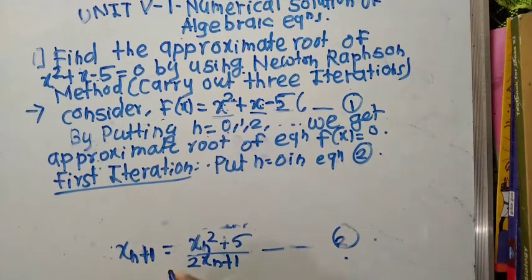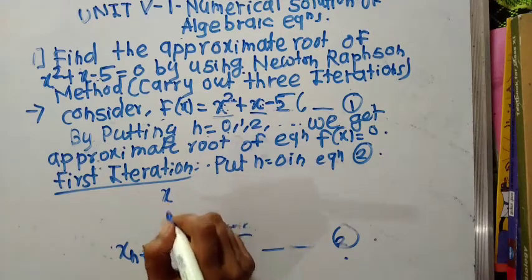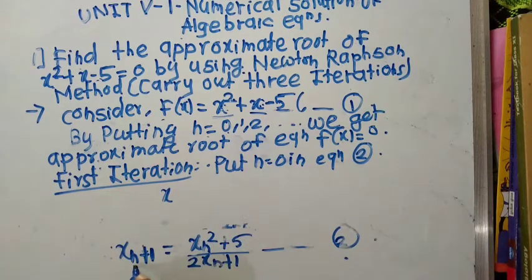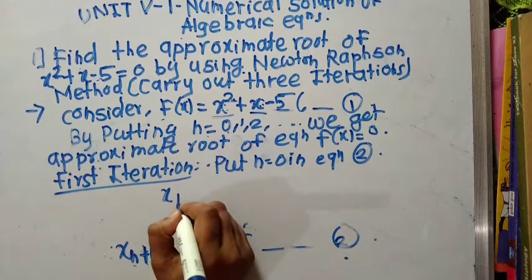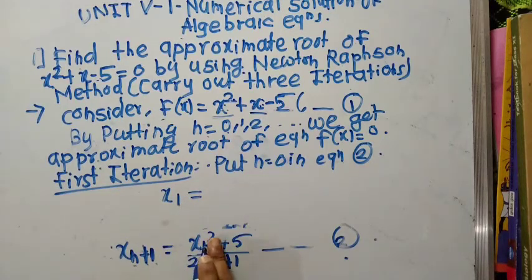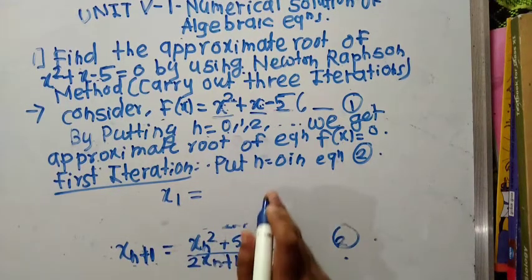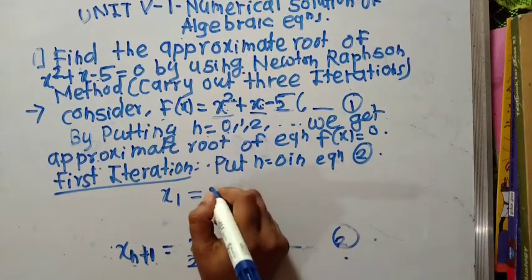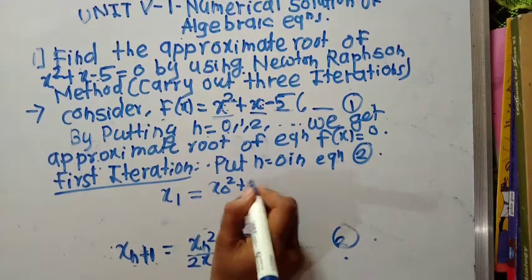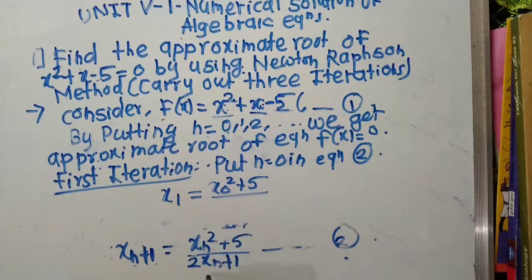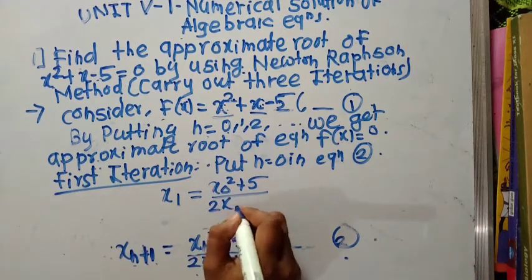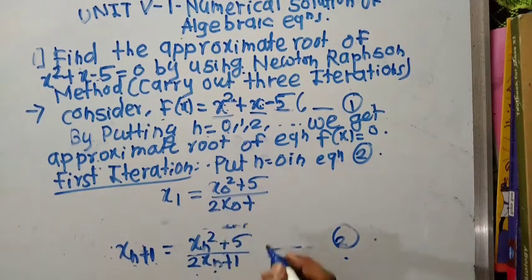So xn plus 1 means n is 0, so 0 plus 1 is 1, which is equal to xn square, that is x0 square plus 5, n is 0, so 2 into x0 plus 1.